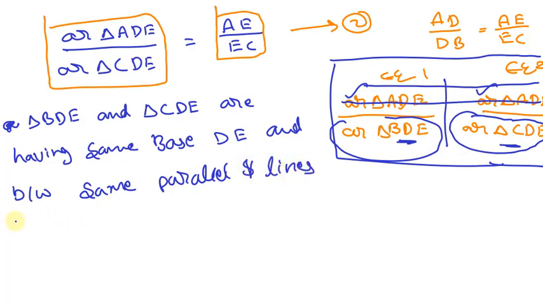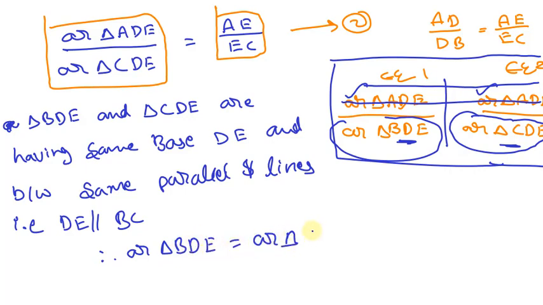What are the parallel lines that we have? DE is parallel to BC. So both areas are equal. That means area of triangle BDE is equal to area of triangle CDE.